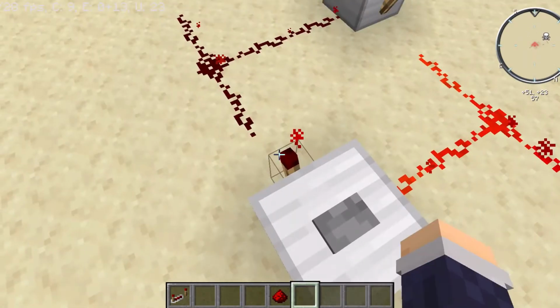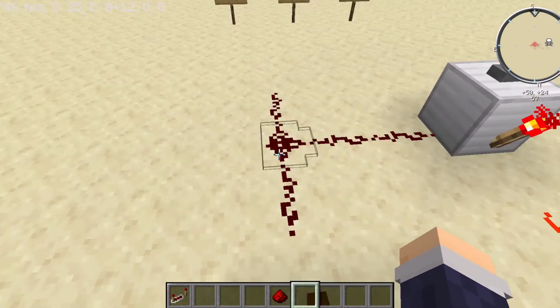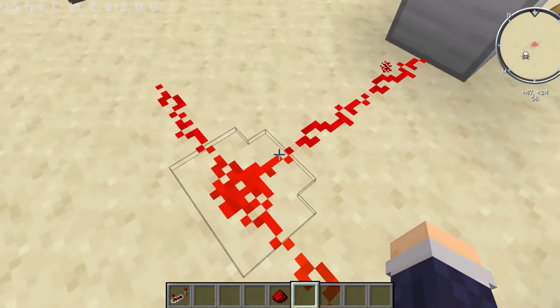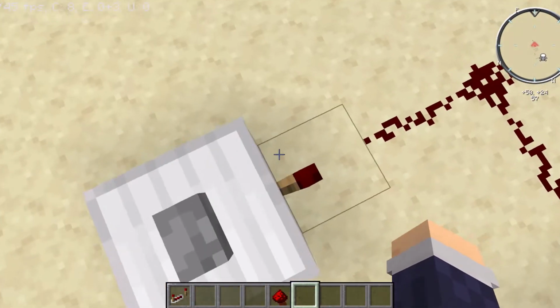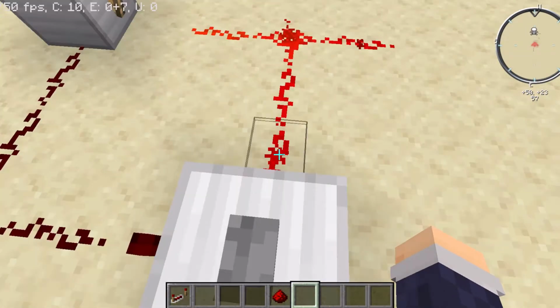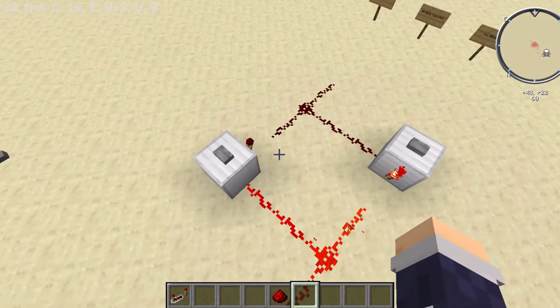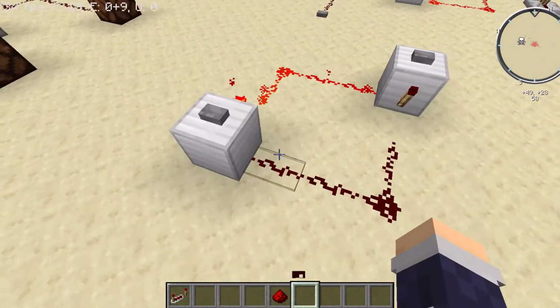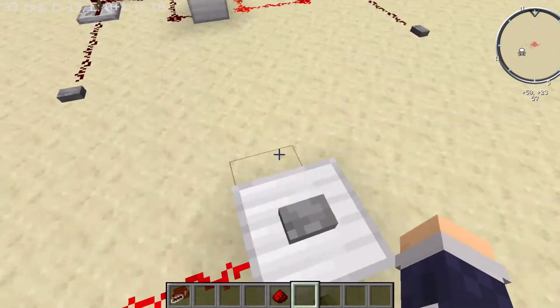But if you do power it, it goes off, meaning this redstone line will go on, and it goes back right to the torch itself. And if the power from the button is away, this power line can take over. So that's how to build a simple latch in Minecraft.